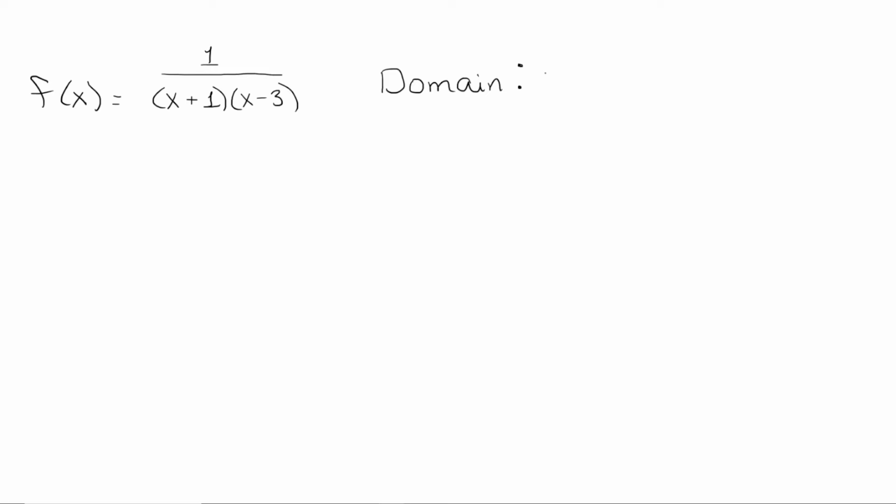So we cannot make the bottom of the fraction a 0. You'll notice if I input -1, I'll have 0 times -4, which would be 0. And if I input 3, I would have 4 times 0, which is 0. So in this case, my domain is x is not equal to -1 or 3. Any other values are fine, but inputting -1 or 3 is going to cause some problems.